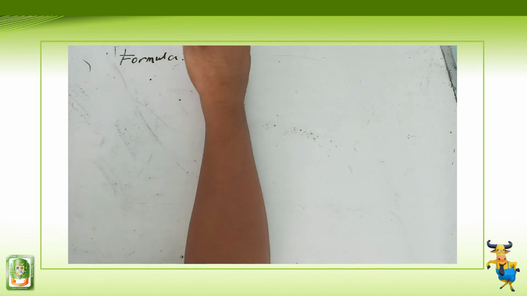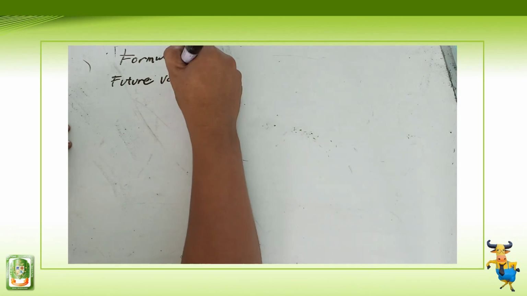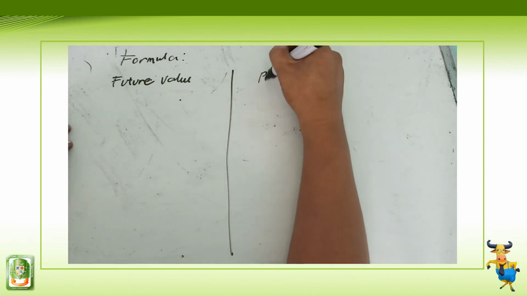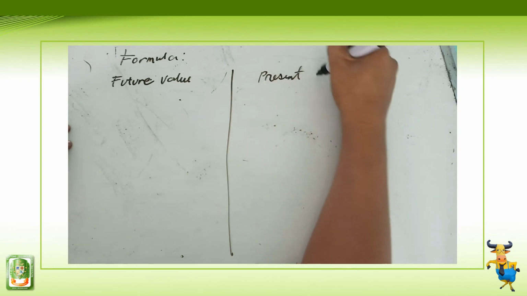Formula ng bawat simple ordinary annuity. Unahin natin yung future value at yung kabila naman present value.